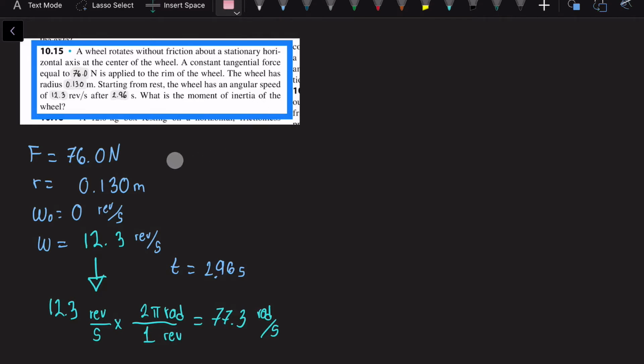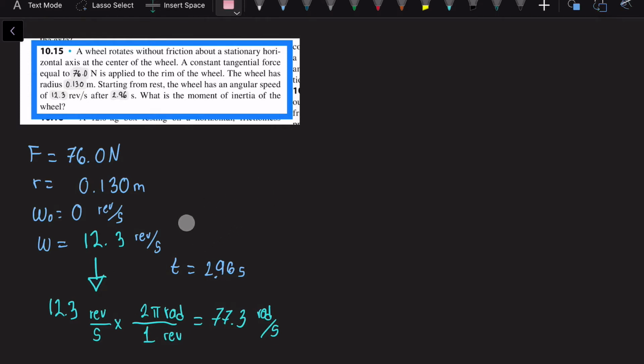Now we're also gonna collect all the information that is given from the problem, which is the tangential force that is 76 newtons. The radius is 0.13 meters, starting from rest. And then we have an angular velocity of 12.3 revolutions per second, but for the first 2.96 seconds.